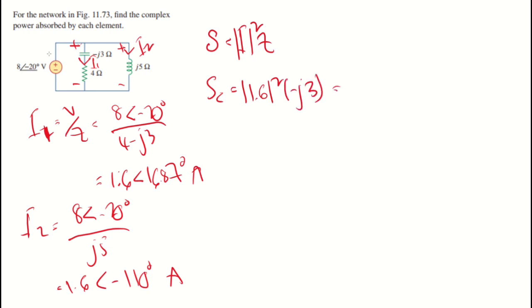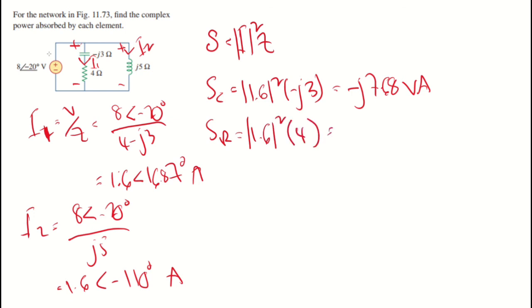We get minus j7.68 VA. For the resistor, using the same equation, 1.6 square times 4, you will get 10.24 VA.